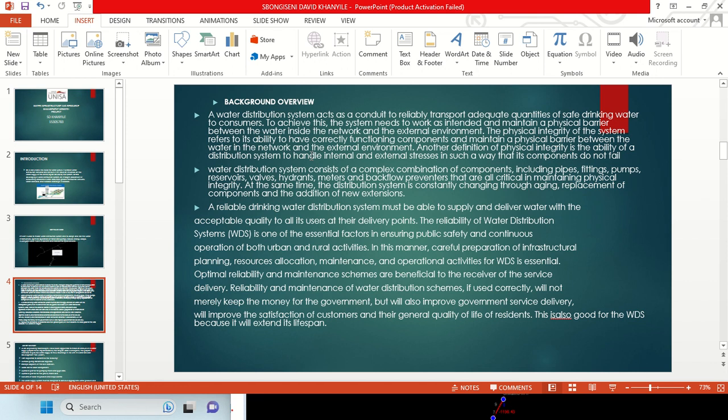A water distribution system consists of a complex combination of components including pipes, fittings, pumps, reservoirs, valves, hydrants, meters, and backflow preventers that are all critical in maintaining the physical integrity. At the same time, the distribution system is constantly changing through the aging, replacement of components, and addition of new extensions.